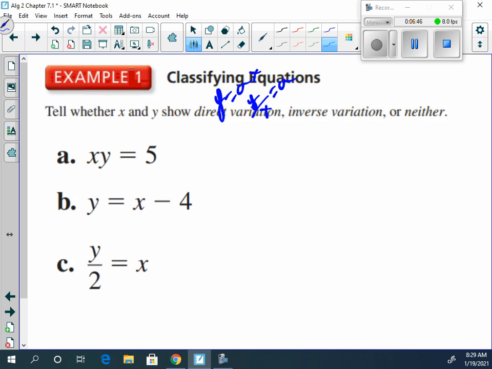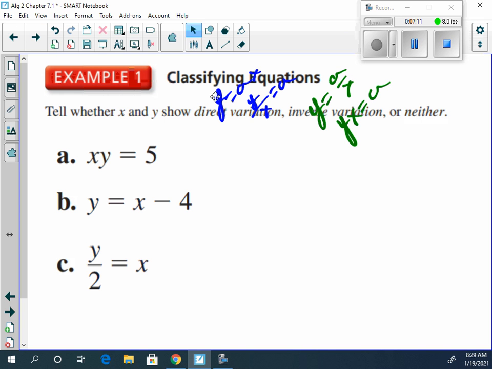And x and y can be switched either way, because we can have x equals a times y, or x over y equals a. It's just a constant term. Inverse, we saw it in the form of y equals a over x, or yx equals a. And then neither would be if it doesn't match up with either one of these.